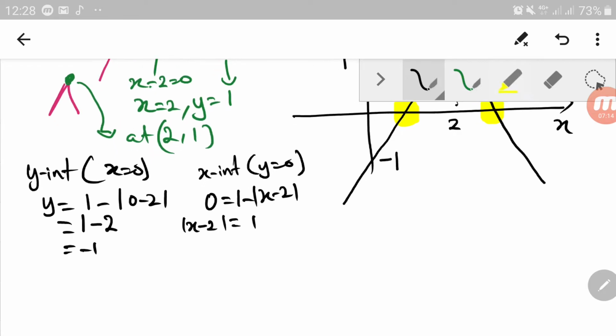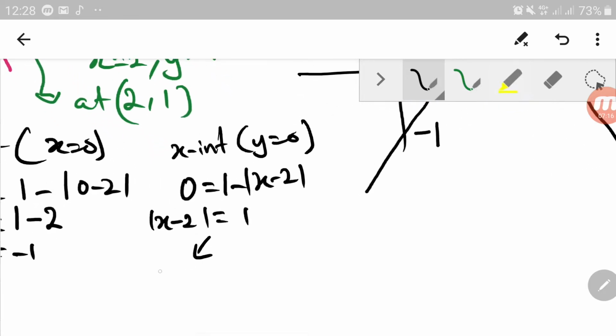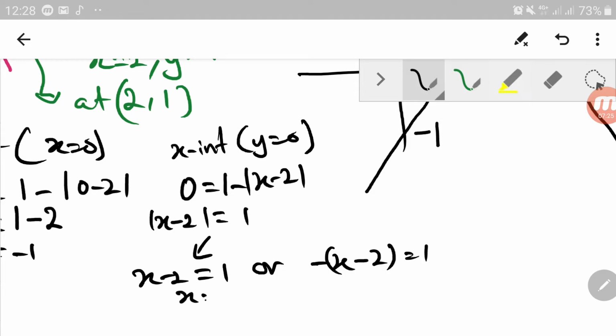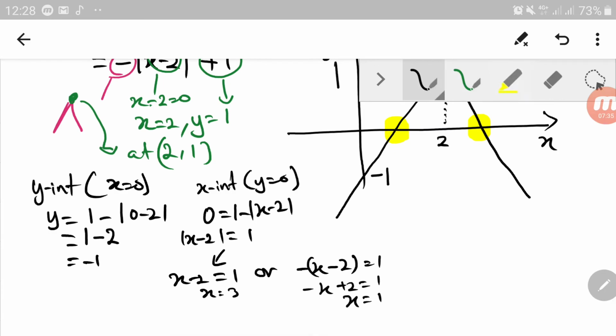From here we break it into 2: x minus 2 equals 1, or minus x plus 2 equals 1. So x equals 3, or x is 1. So we have 1 and 3. Clearly the left one is 1 and the right one is 3.